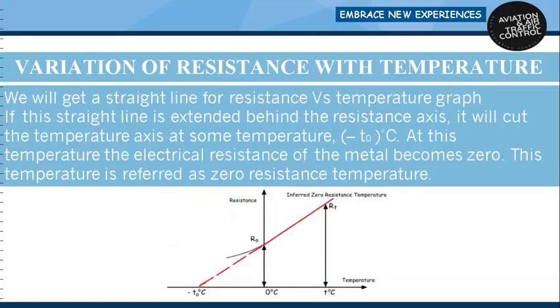We will get a straight line. If this straight line is extended backward towards the left, it will cut the temperature axis at some temperature, suppose minus T0 degrees Celsius. At this temperature, the electrical resistance of the metal becomes 0, and this temperature is referred to as the zero resistance temperature.